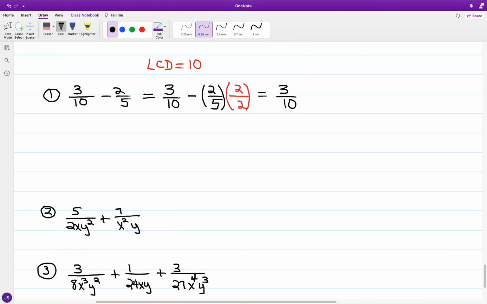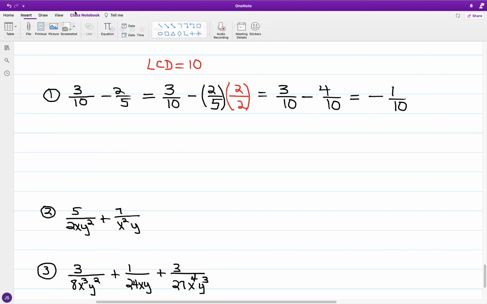So we have 3/10 from the start, minus 2/5 times 2 halves, which will be 4/10. And so 3/10 minus 2/5 translates to 3/10 minus 4/10. For the difference, this will be minus 1/10, so you have a negative result.